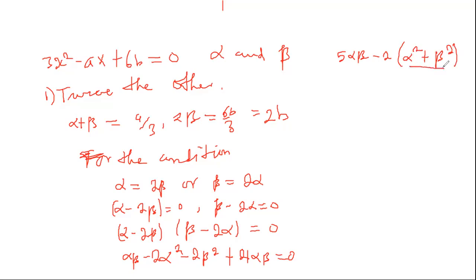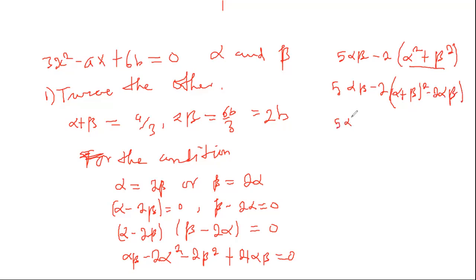And then do we remember what alpha squared plus beta squared is equal to in terms of sum and product? It is alpha plus beta all squared minus 2 alpha beta.